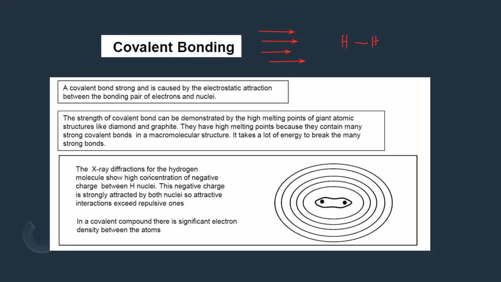The X-ray diffraction of hydrogen shows a high concentration of negative charge between the nuclei. So it shows that there is a greater density of electrons between the two nuclei.